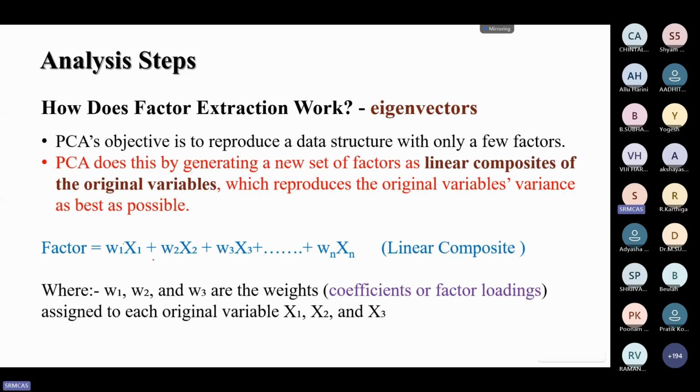The value of the factor loading may vary, maybe from 0 to 1. The sum of these products will give the score for the factor. So this weight is called the factor loading.